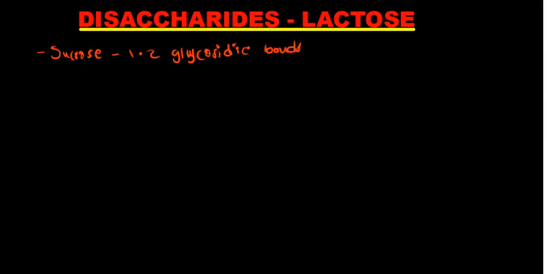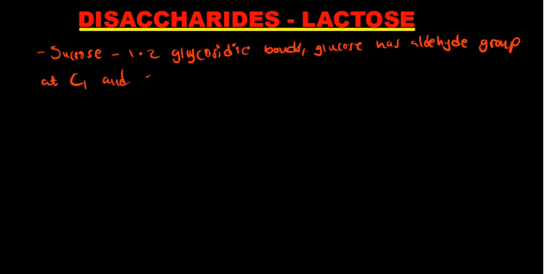carbonyl group, the aldehyde group. So glucose has aldehyde group at carbon 1, and the fructose has ketone group at carbon 2.